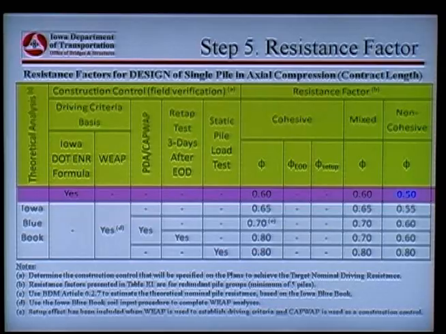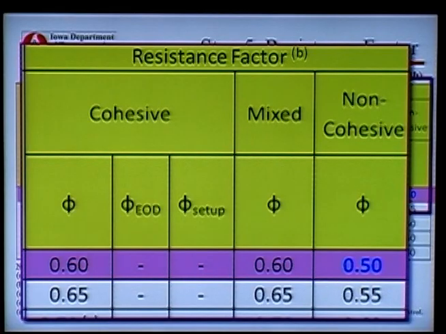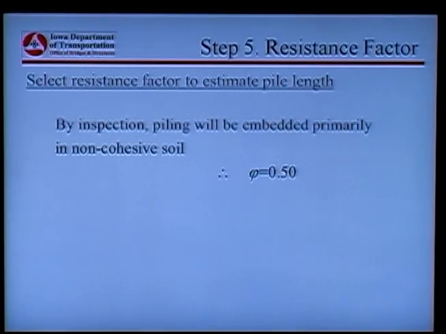Again, you refer to the soil type along the pile, mostly sand. So the resistance factor should be 0.5 under the non-cohesive column, for design using the blue book. So step 5 again is you pick the right resistance factor from the table, and in this case it is 0.5.